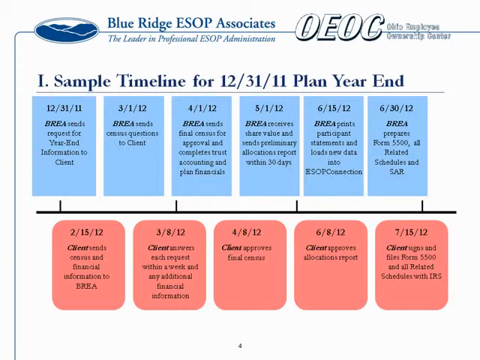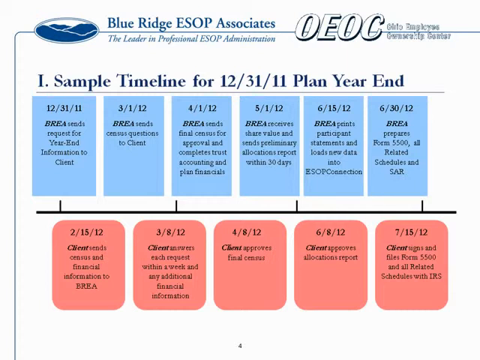That does vary per client. And once we receive that updated stock value, we give ourselves about 30 days to complete a preliminary allocation. We have a very good head start by having the census verification approved as well as the financials.